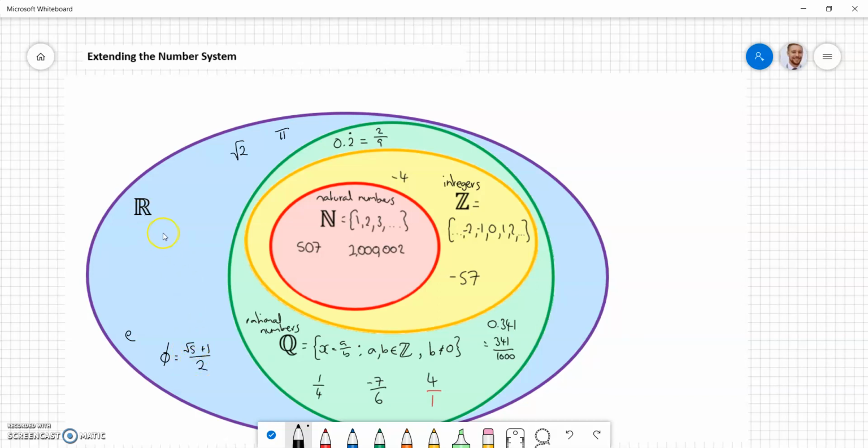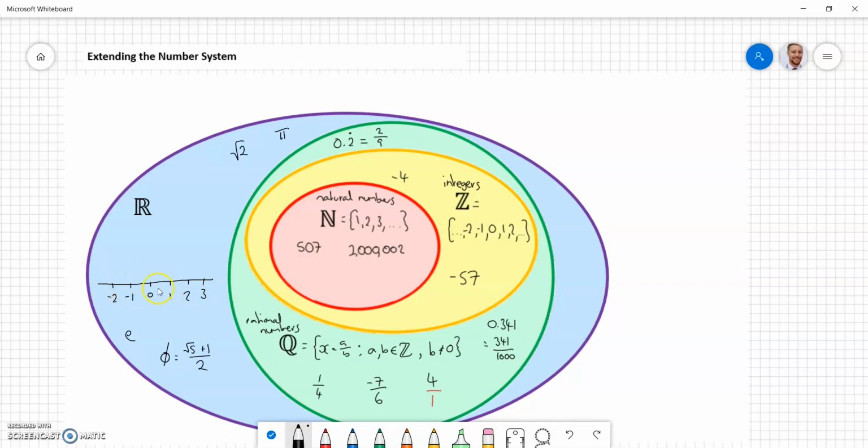Now, real numbers are really any number on our number line. So if we've got our number line like this with 0 in the middle, 1 here, 2 here, 3 here, we've also got negative numbers like -1, -2. Now if we just had whole numbers like this, just had integers, then we'll know there'll be loads of gaps.